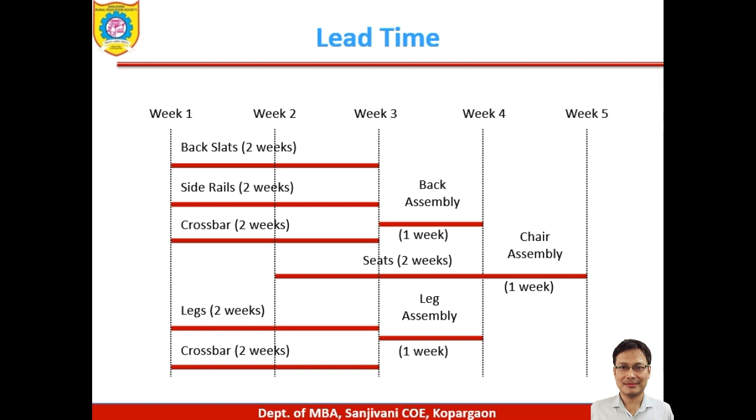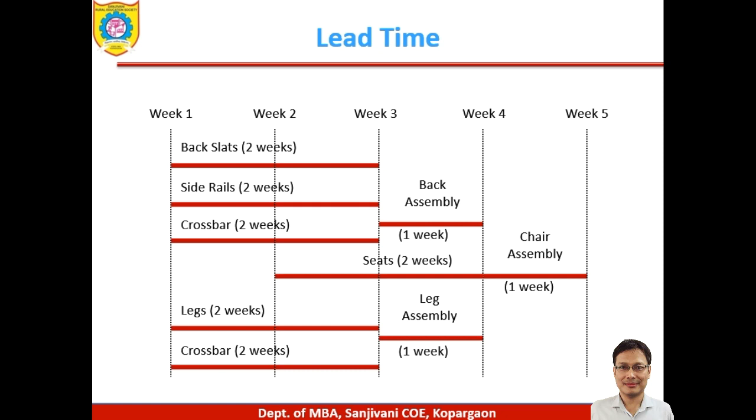So from week 3, it will go backward to week 1. Same is the case with leg assembly. Since we want to begin the work for assembling the leg in week number 3, we have to plan for its subcomponents, that is legs and crossbar, 2 weeks prior. That is the beginning of week number 1.